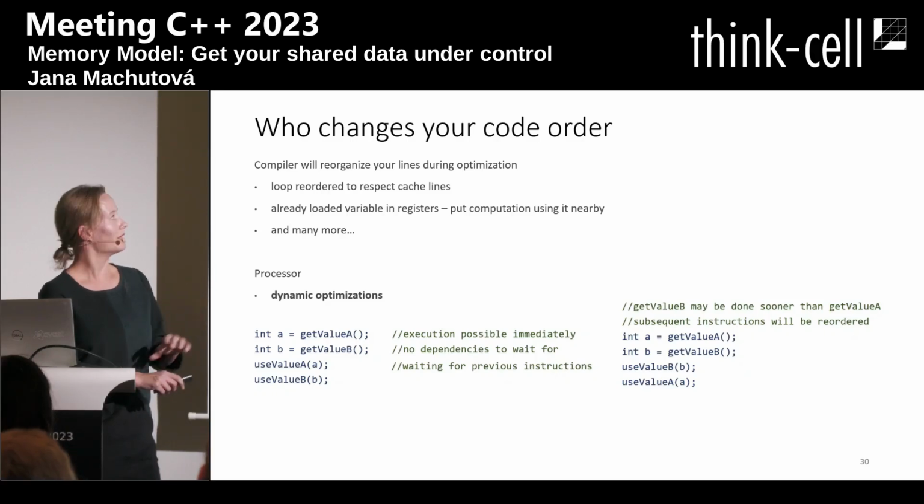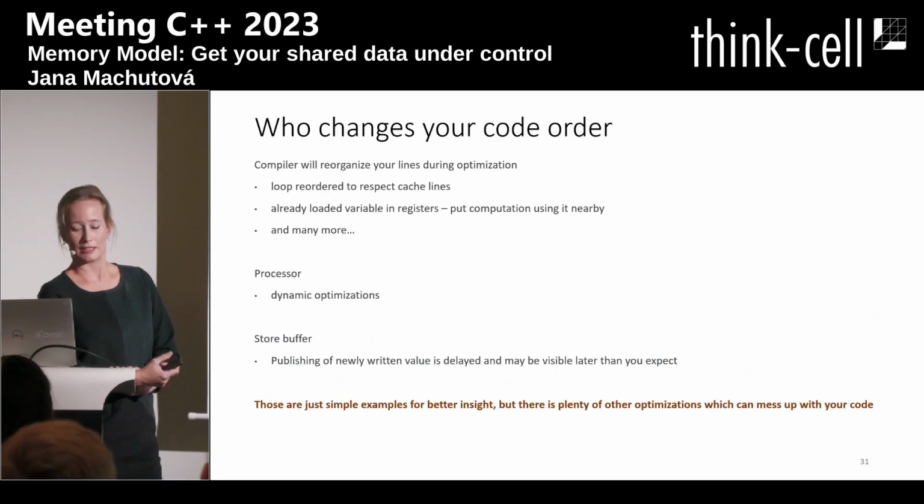So the later ones will be switched, and those are the dynamic optimizations, which are the work of processors. The last one, which is good to know about, is the store buffer I showed in the illustration, which may cause your value to actually be written to memory later than you expected, because it delays it. Those are just simple examples to understand that your code isn't executed the way you wrote it.